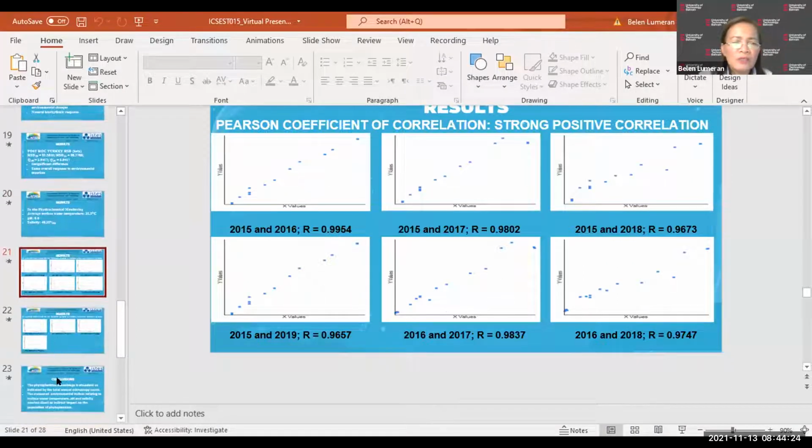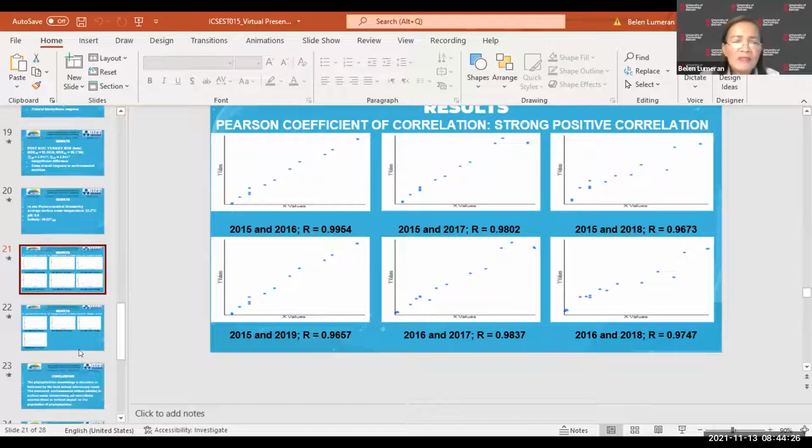So what does the result mean? It means that the phytoplankton community showed a positive response. However, there are no differences in terms of the total abundance annually. So there is no change in the population annually, such that there is no significant difference between the means of the annual population.